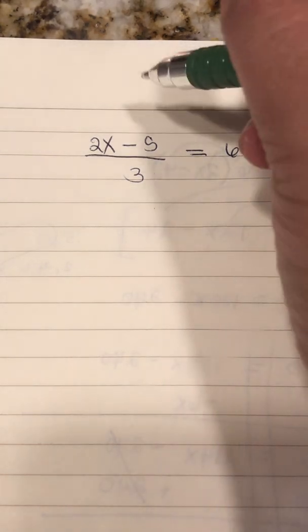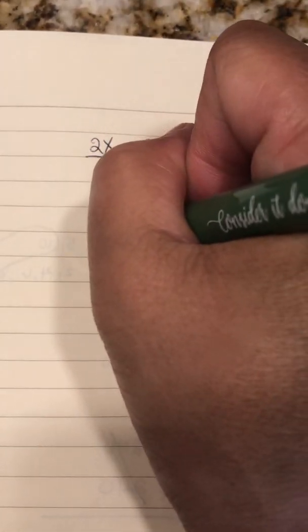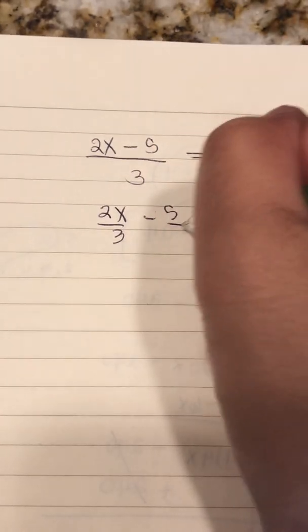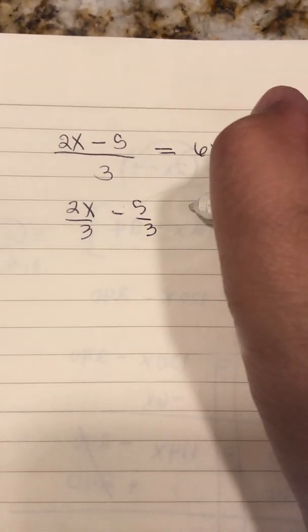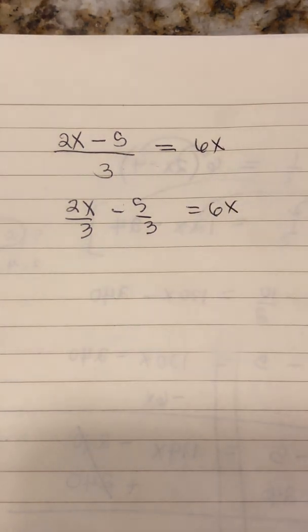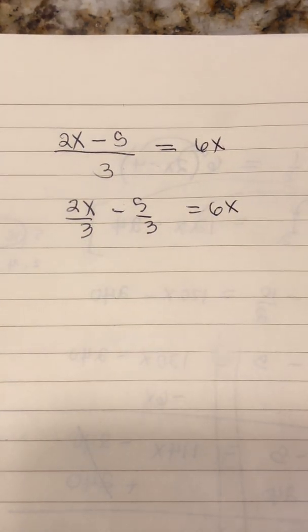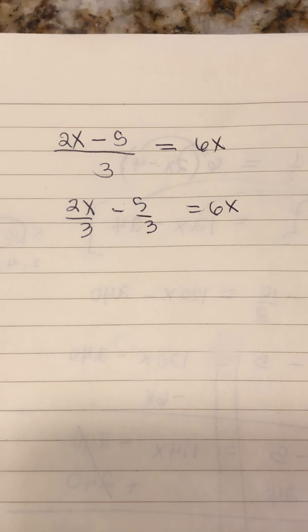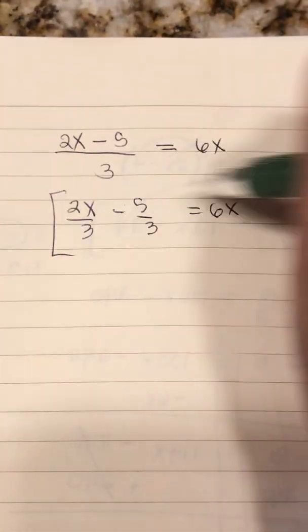I could just split this into 2x over 3 minus 5 over 3 is equal to 6x. All right, so now there's no distributive property. I'm just going to go straight into making my fractions whole. So now I'm going to multiply everything by 3.